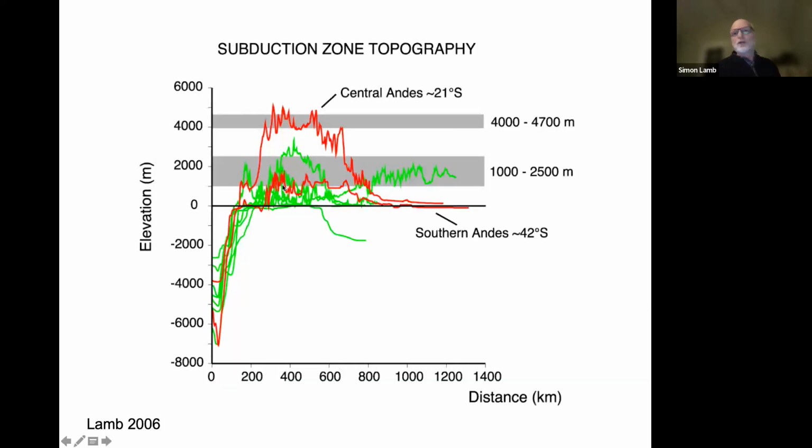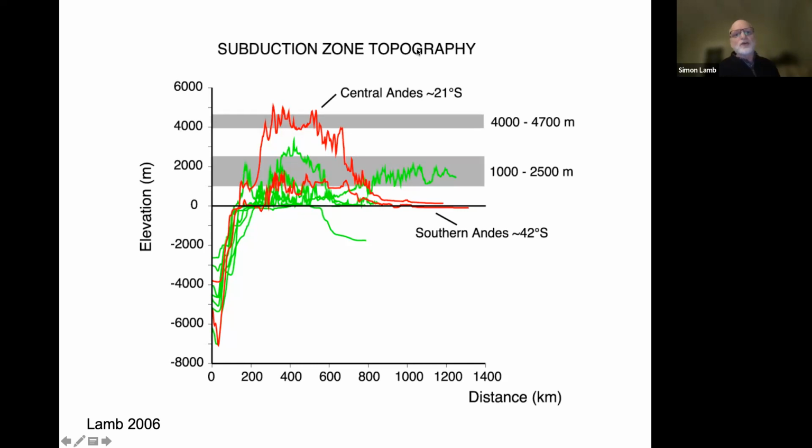If you look at subduction zones worldwide, generally speaking the elevations of the mountains behind a subduction zone are in the range of about 1,000 to 2,500 meters. That's the typical height of the high parts of plate boundaries behind subduction zones.